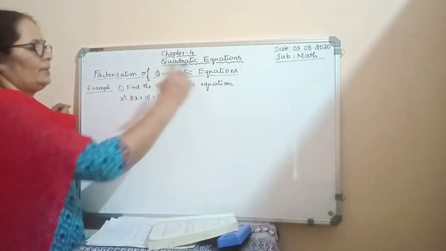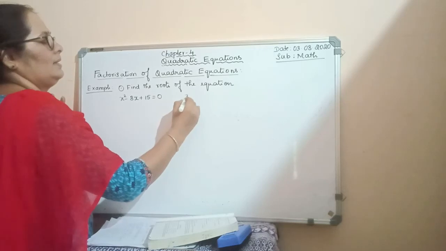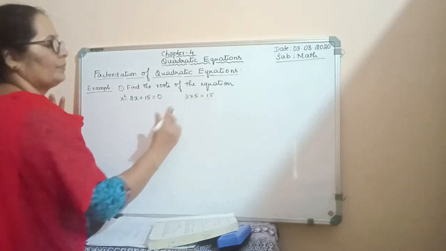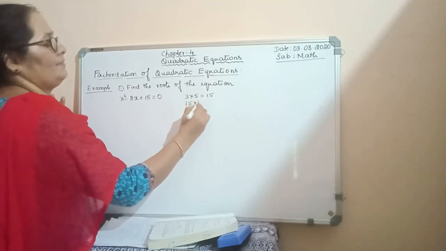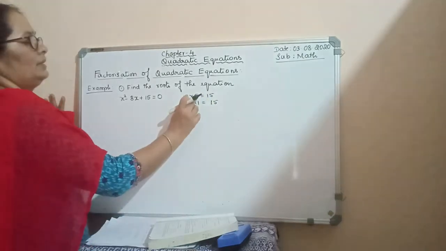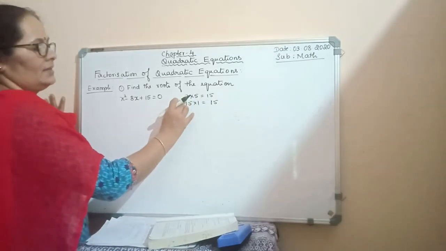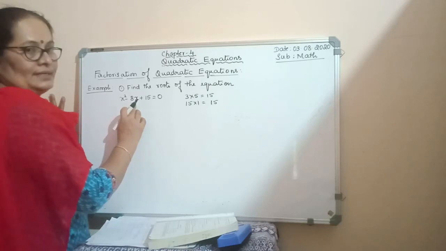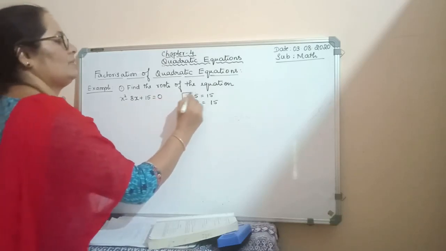To get product 15, the possible factors are 3 into 5, 15 into 1. Now see here, 3 plus 5 is 8, but with 15 and 1 you will not get 8, right? So which combination can we take?